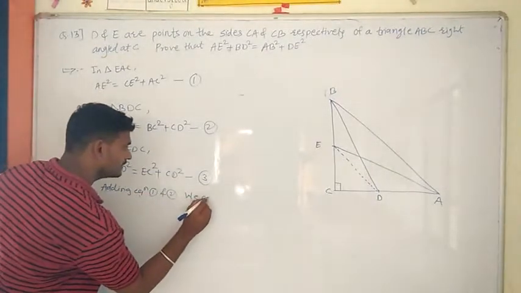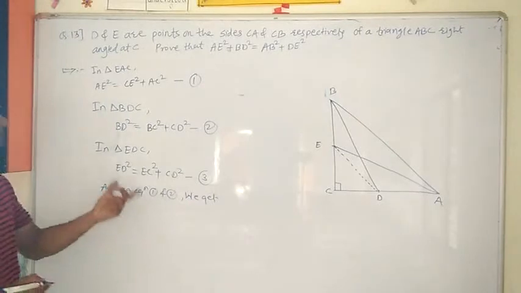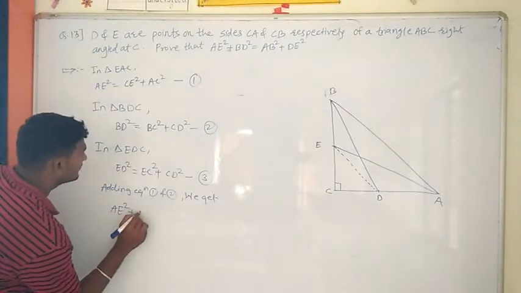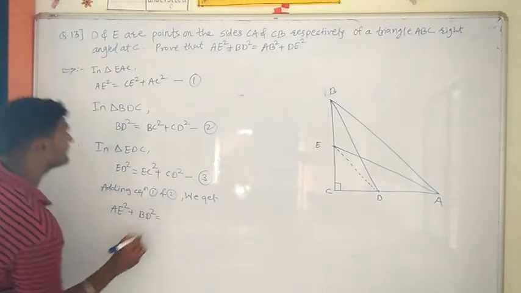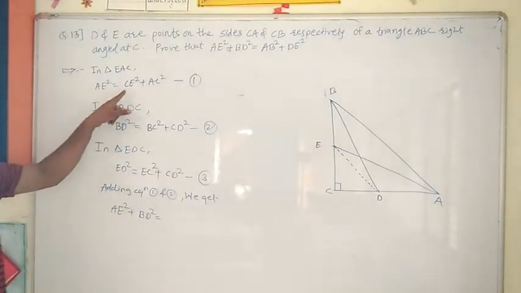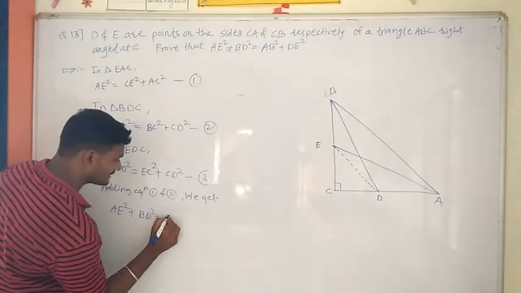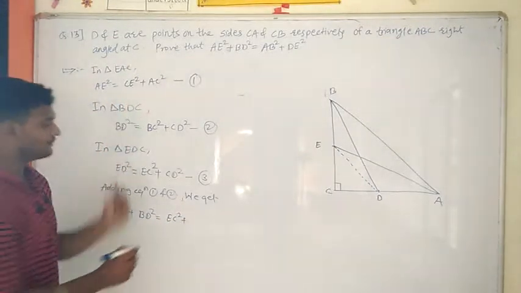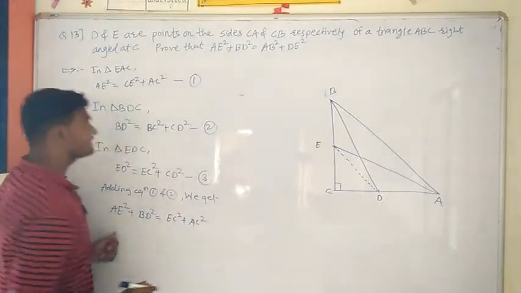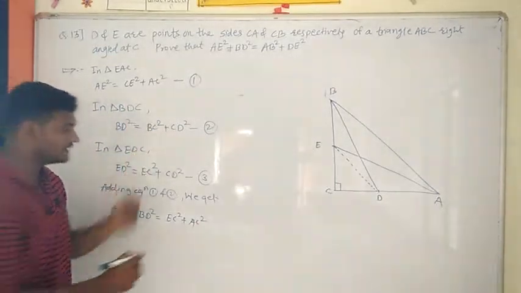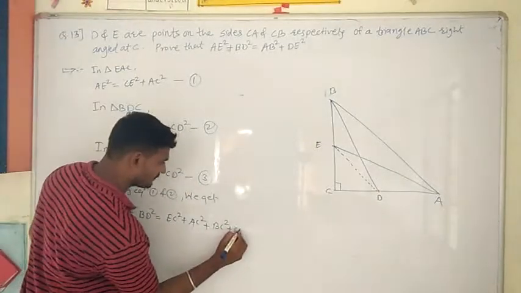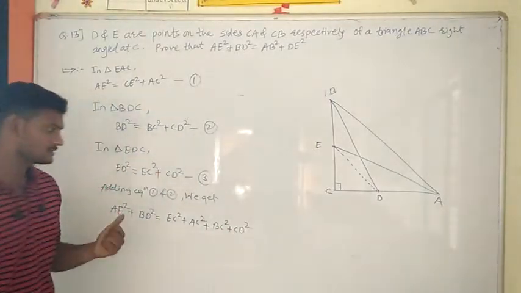we get, see here, after adding equation 1 and 2, AE square plus BD square is equal to CE square, or you can say EC square, plus AC square, plus BC square plus CD square.